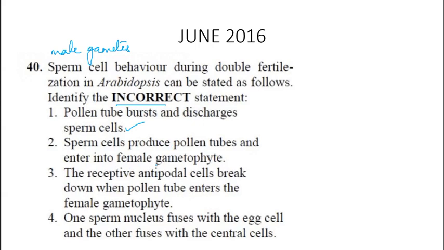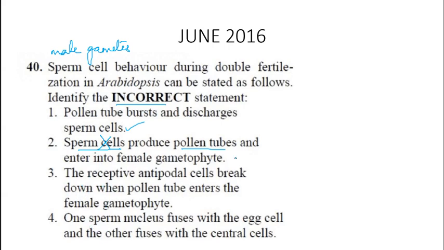We did not see that the male gametes are producing the pollen tubes. Pollen tubes are formed from the germ pore, from the intine layer, which extends to form the pollen tubes. So sperm cells are not forming it. This is the incorrect one.